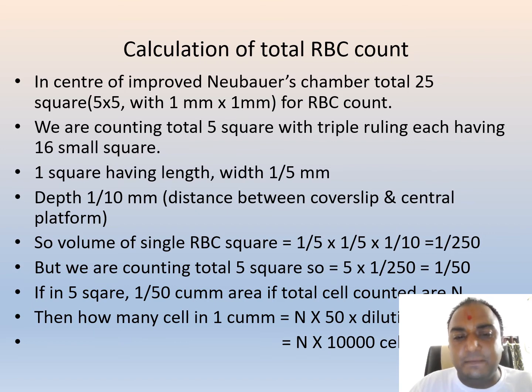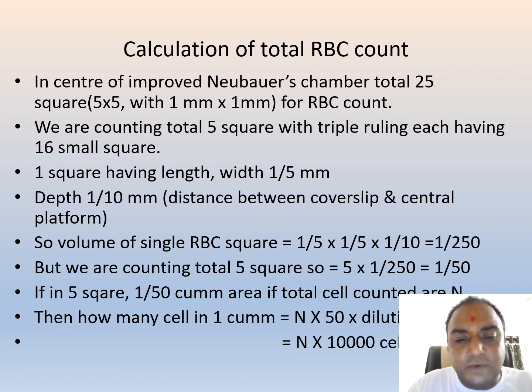Depth is 1 by 10 millimeter or 0.1 millimeter, because we put a cover slip over the improved Neubauer chamber. So the space between the cover slip and the central platform is 0.1 millimeter, which is considered the depth. So the volume of a single red blood cell square will be 1 upon 5 multiplied by 1 upon 5, length and width, multiplied by 1 upon 10, the depth. That will be 1 upon 250.